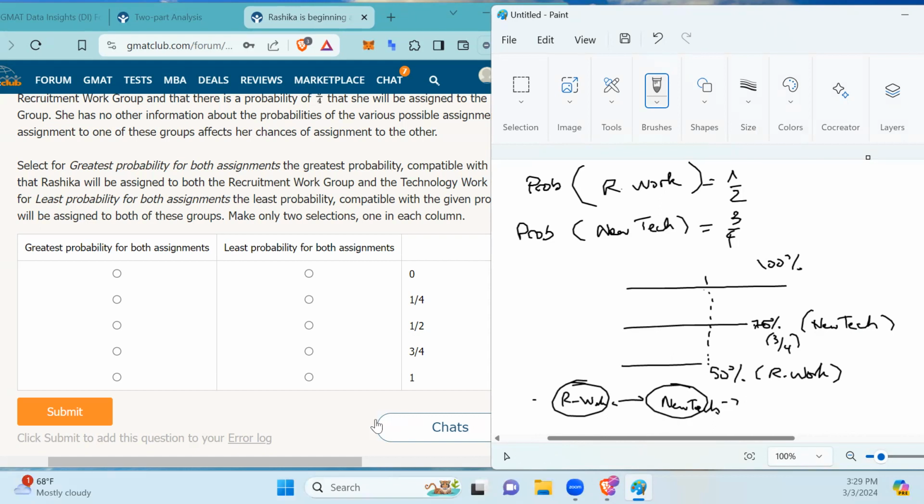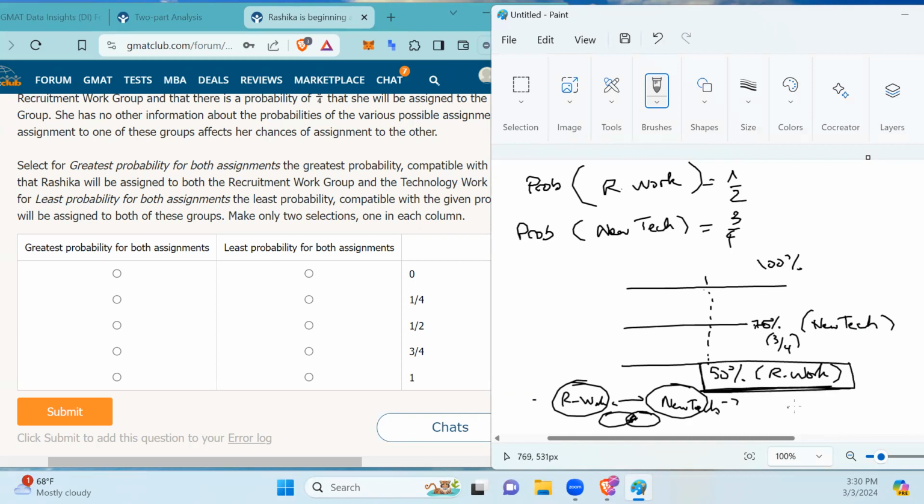Actually, we can answer the other question too, but let's get back to that later. If they start overlapping like this, then now there is some chance for her to get assigned to both. And what is the greatest overlap for these two groups? It's when one group is completely in the other group. Which group has a lower chance of getting in? That would be recruitment work, right?